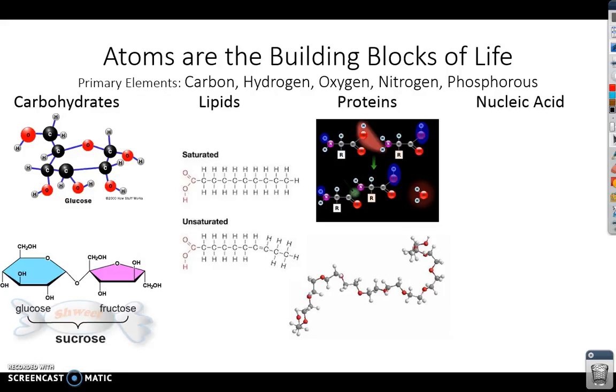When we get into proteins, we have amino acids, so this is an amino acid here, and this is an amino acid here, and they are bonded together in this molecule here. So this is the start of what we'd call a protein, and then we have a water given off in this reaction. But if we're focusing on just the primary elements, we have a new one, the purple, nitrogen.